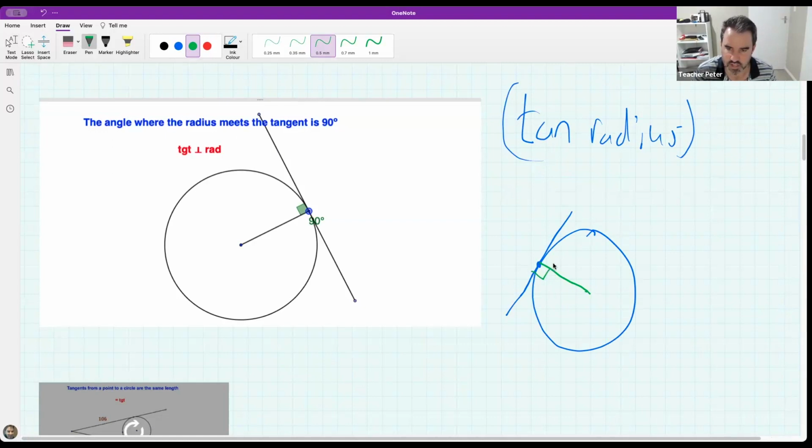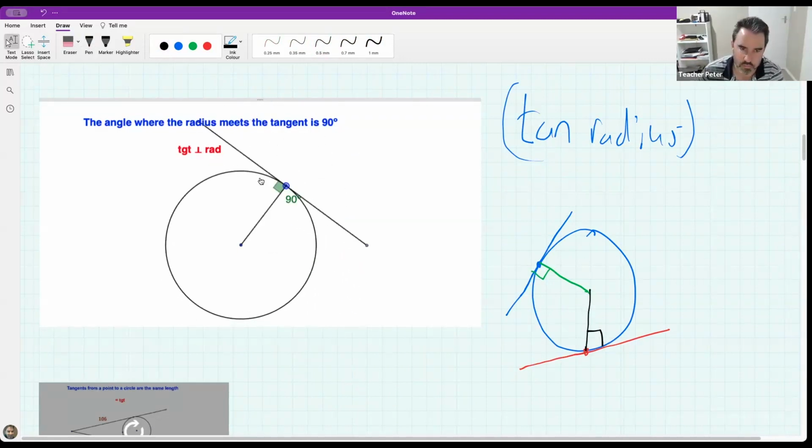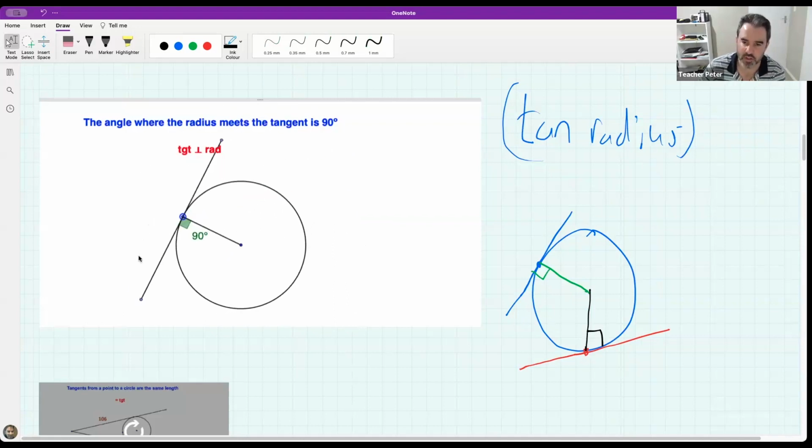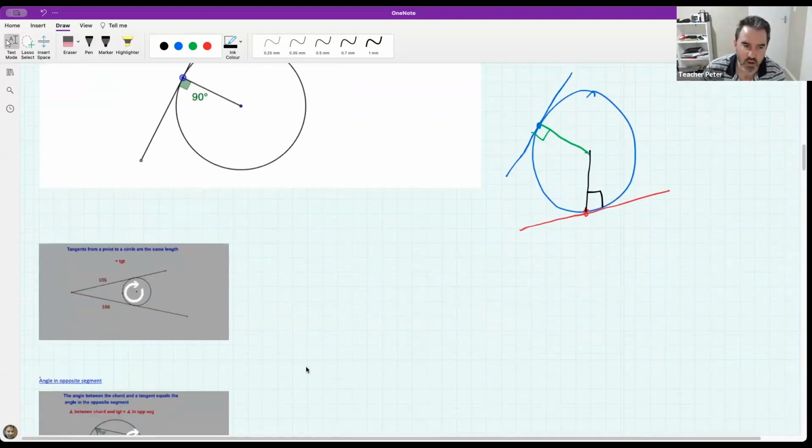So that's the tan radius. And it applies at multiple places, right? So you can have a tangent over here, and then you can have a radius over here. Now, it doesn't look like it, but it will also still be 90. And you can see that in the shape. So that's called the tan radius, and we'll do some practice now.